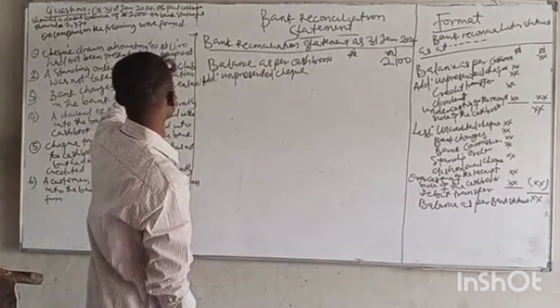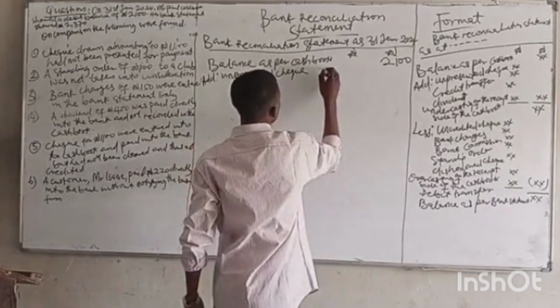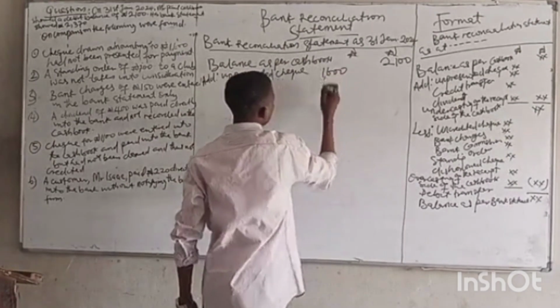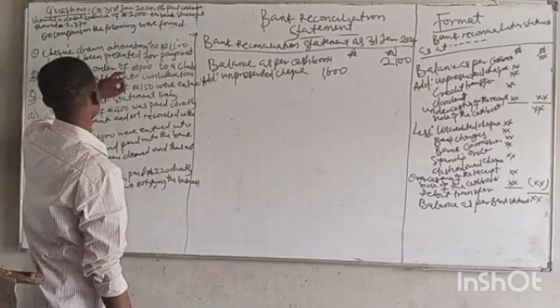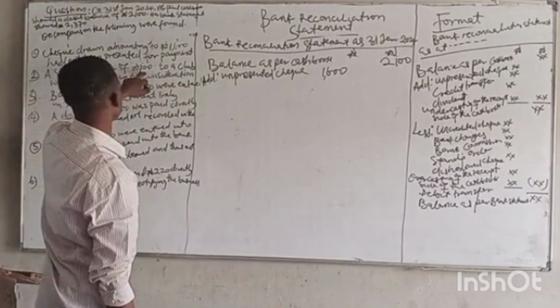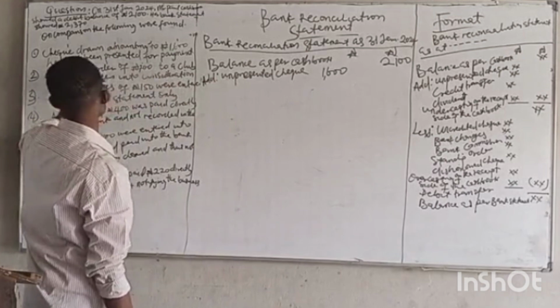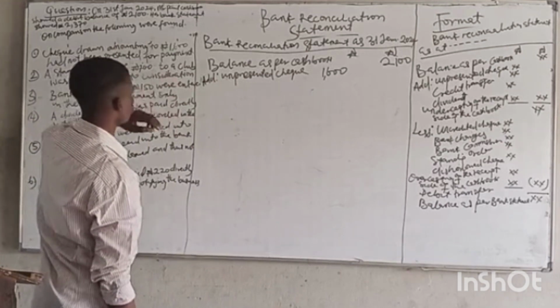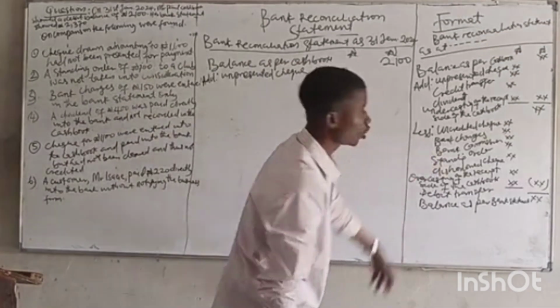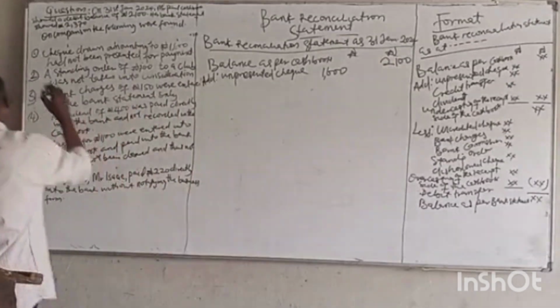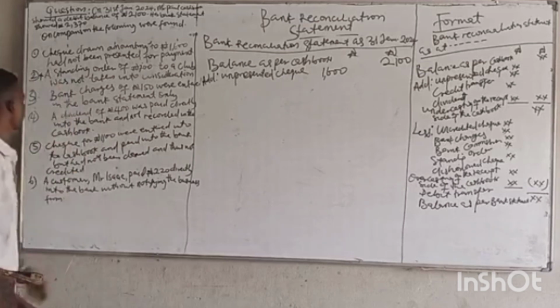And how much is that? 1,600. Next transaction, a standing order of 700 naira to a club was not taken into consideration. A standing order, you can see where standing order falls, so it has to be deducted. So wait, you have to asterisk this one first.